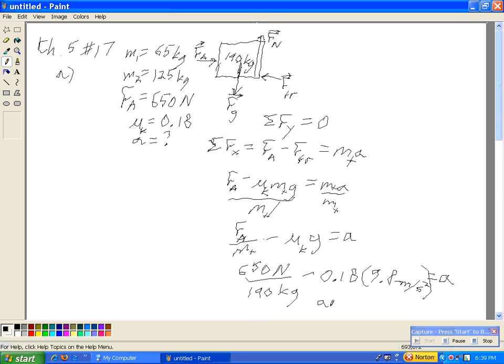We will be using the acceleration later on, so let's write out the whole number. The acceleration is 1.657052632 meters per second squared.